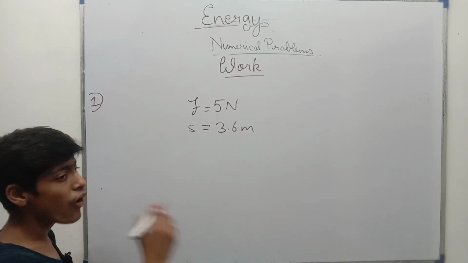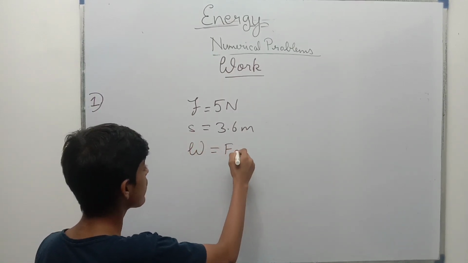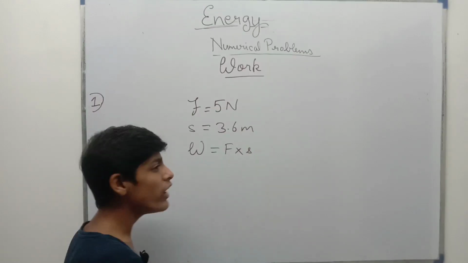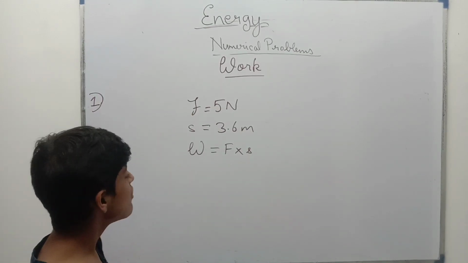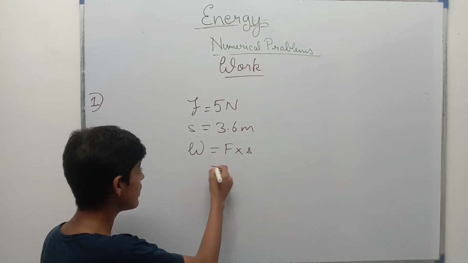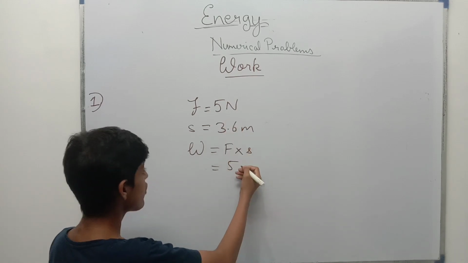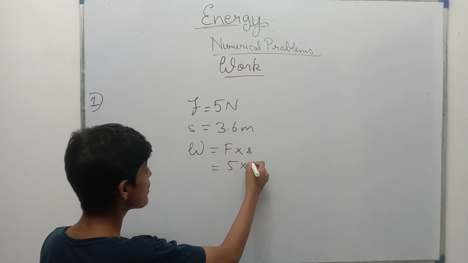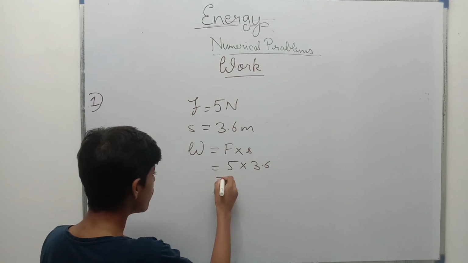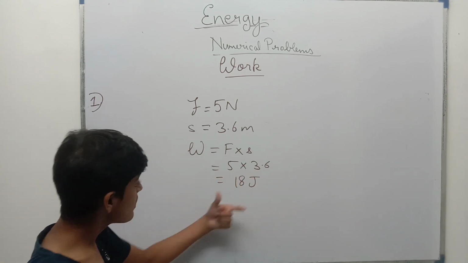Now as we all know, the formula for work done is W equals F dot S, or F into S. If we replace this formula with its values, then we have 5 instead of force, and instead of displacement we can fill 3.6, which is 18 joule. Now this is in SI unit.